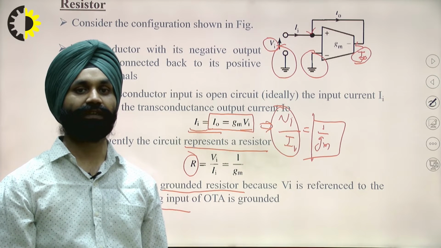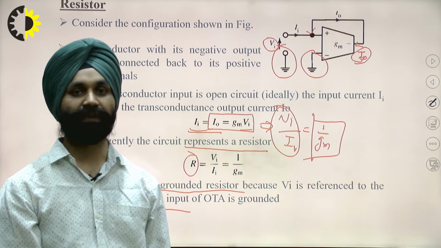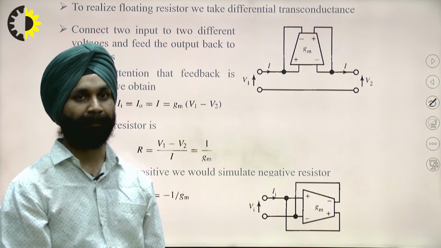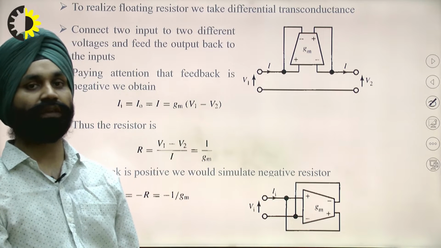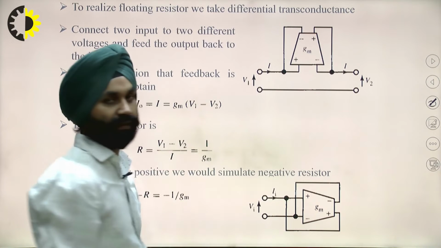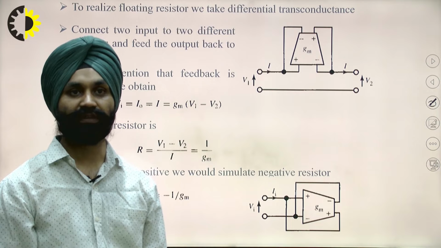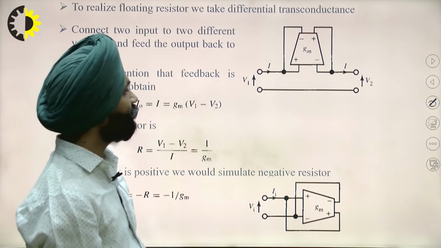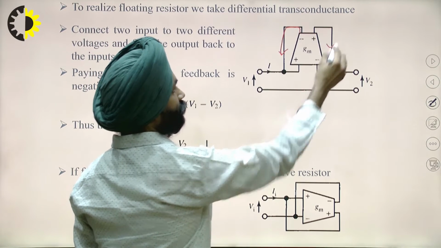We have seen in the gyrator in unit 4 that there is a difference between the grounded component and the floating component. So if we want to realize a floating resistance, let's suppose we have a differential operational amplifier where we have two differential outputs, and the two outputs are connected in such a way that they give the feedback to the input.